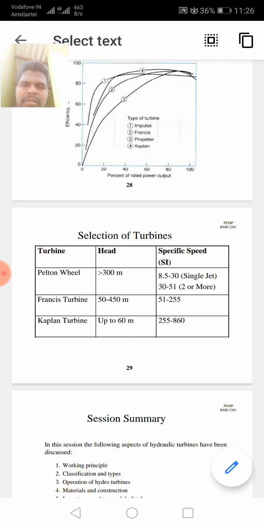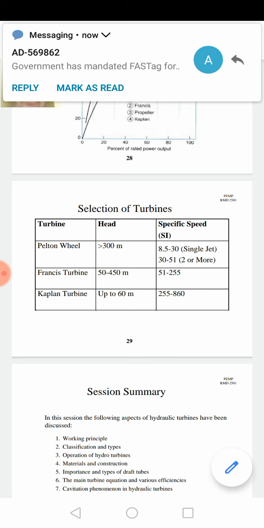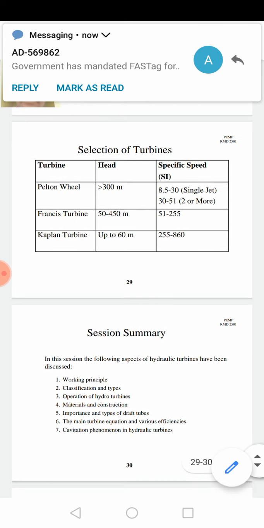When a designer is going to design the turbines, they will consider the head and specific speed before selecting the turbine. In this slide, we can see the head and specific speed ratio according to the turbine types.